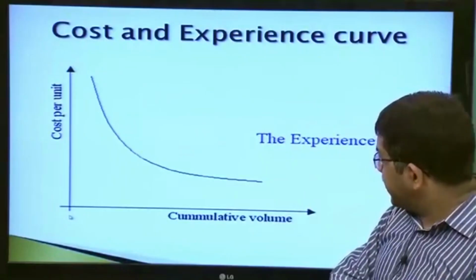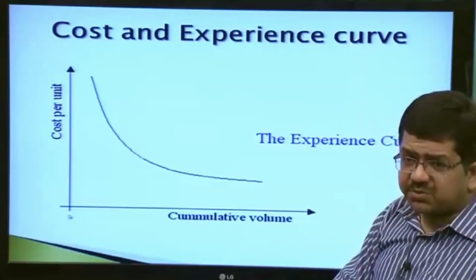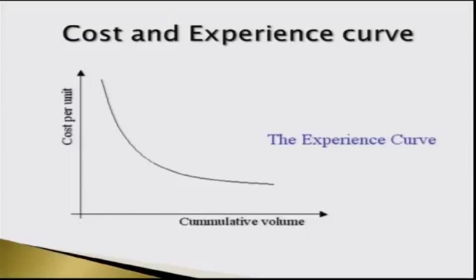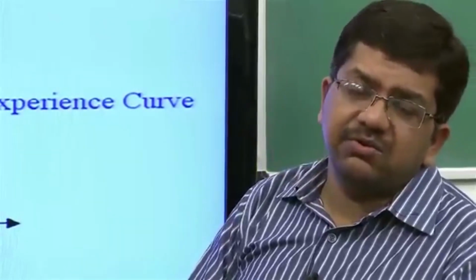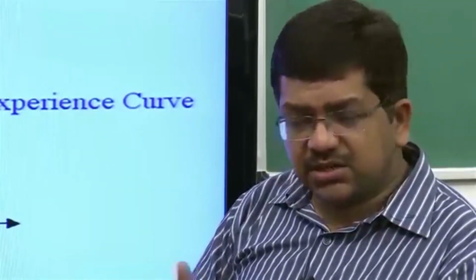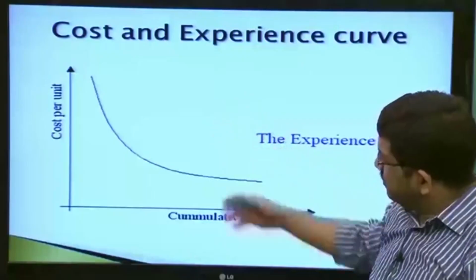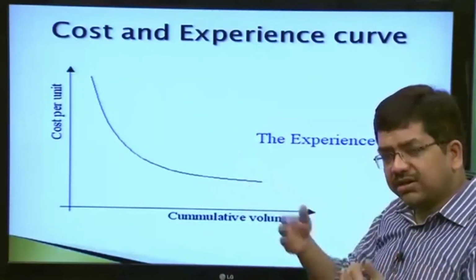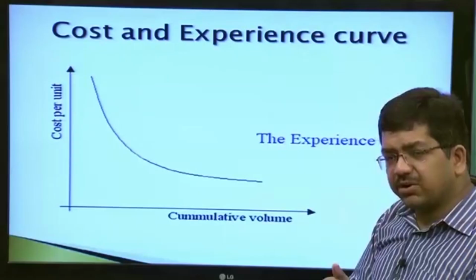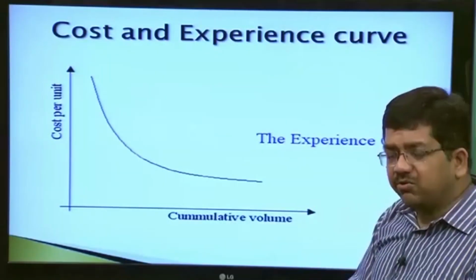Another important aspect that we need to understand from a marketeer's point of view is the cost and experience curve. This is very critical: if you are a player who is staying in the market for a longer time, or if your production levels are on a higher side, you will be in a more advantageous situation, because the more units you produce and the longer you are in this process, you will start learning.